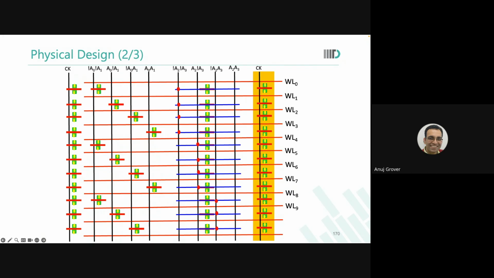Are you able to see this, everyone? In this diagram, source and source is connected to the horizontal line, but... Sorry? NAND gates are in series. So source and drain of MOSFET should be connected to the horizontal line. I'm not even showing that. I'm just showing the gate programmation.